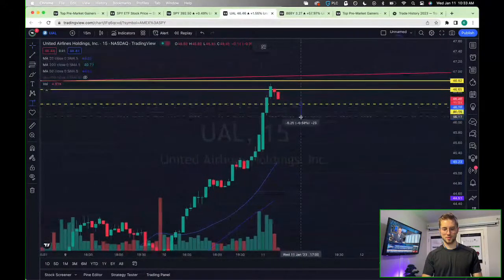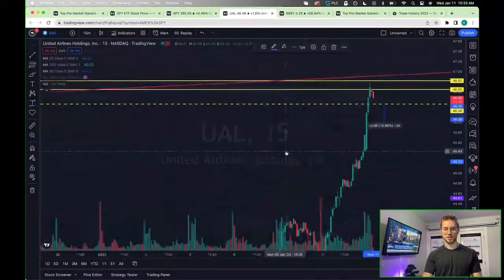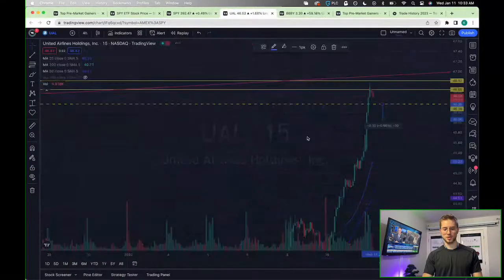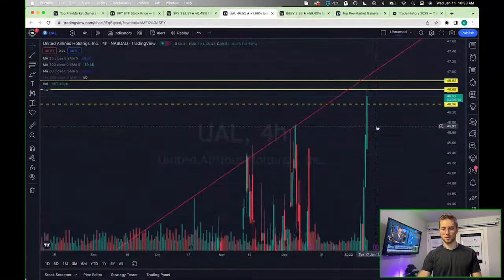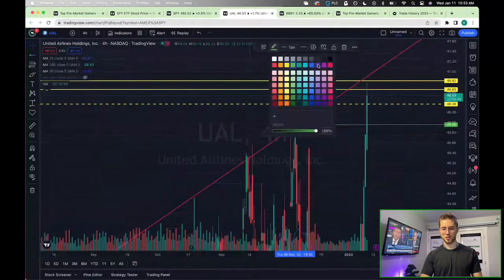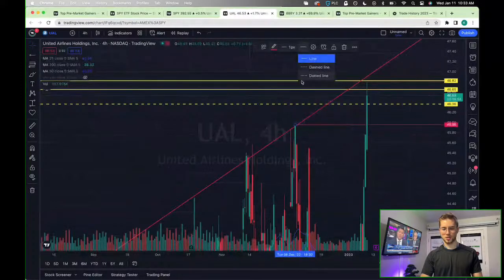So I think we can easily squeeze 30 cents out of UAL. Let me just check for a bigger support level. So actually UAL could probably come back to this pivot high zone where we could potentially look to cover.